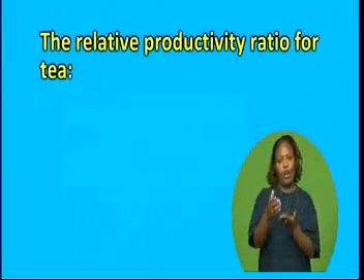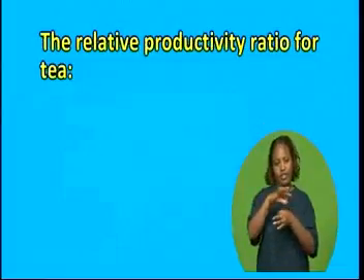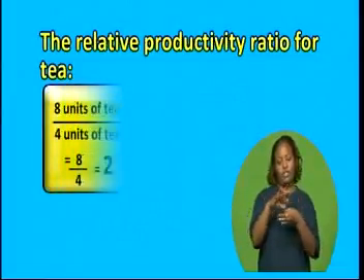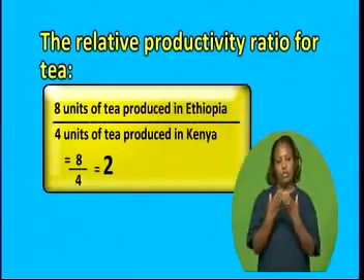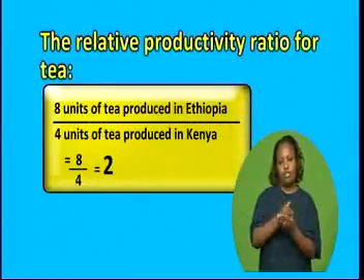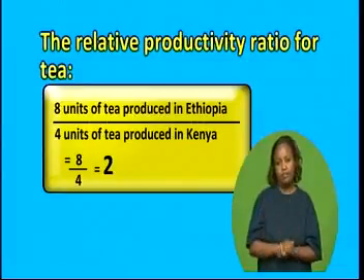The relative productivity ratio for tea is the units of tea produced in Ethiopia divided by the units of tea produced in Kenya.